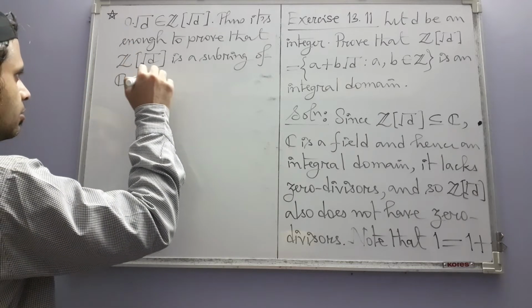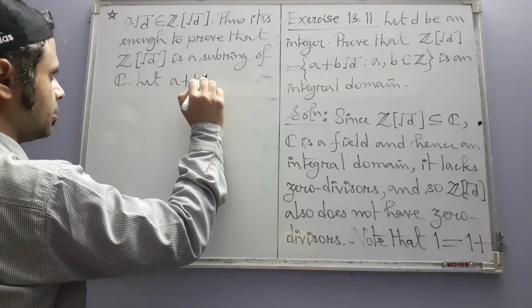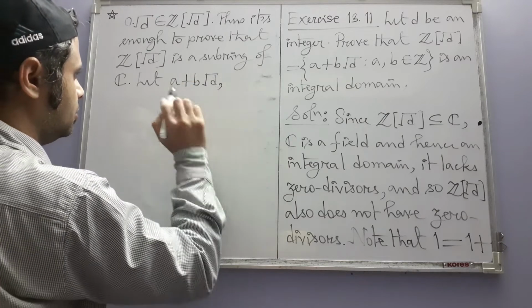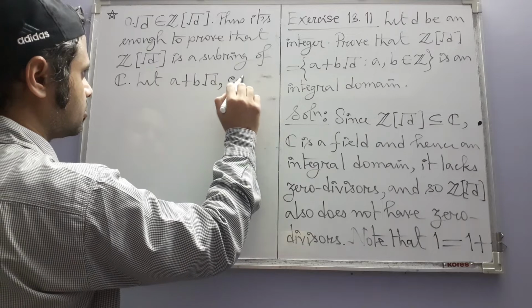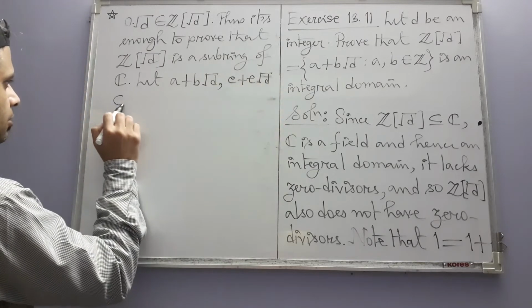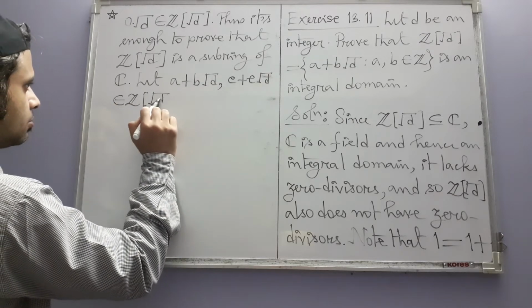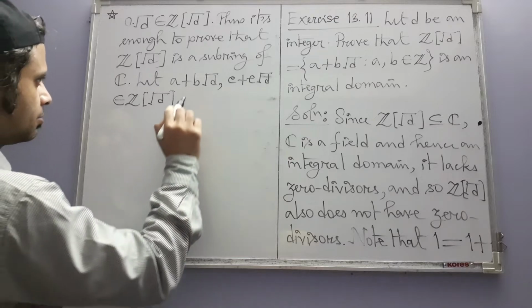Okay, so let a plus b times square root of d and c plus e times square root of d belong to our set.